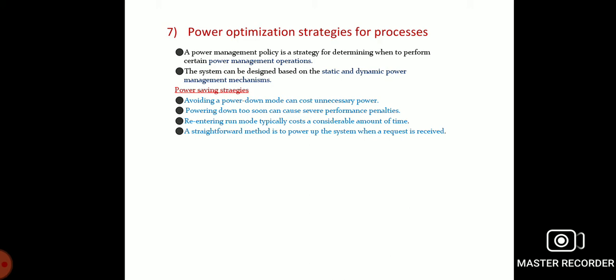So the predictive shutdown method: its goal is to predict when the next request will be made and start the system just before that time, saving the requester the start-up time. It may guess the activity patterns based on probabilistic models of expected behavior.